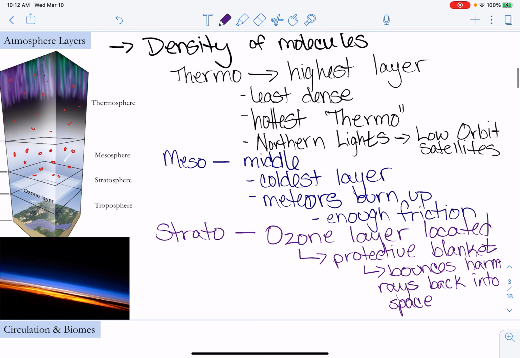Something else that happens here is you can get long distance flights. If you are traveling across the ocean from America to Europe or Asia, you're probably hitting the lower stratosphere, just because it's a smaller distance when you go up higher.